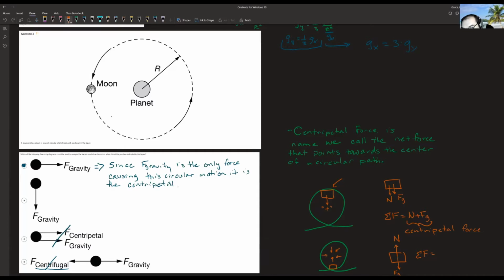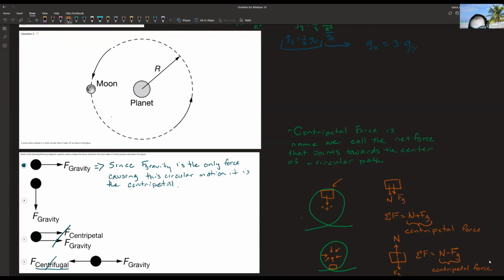It is always considered to be toward the center, but toward the center has slightly different directions depending on where you are. And so in this case, the net force would be the normal force minus the force due to gravity, and we would say this is the centripetal force. So the centripetal force is going to change in every scenario.